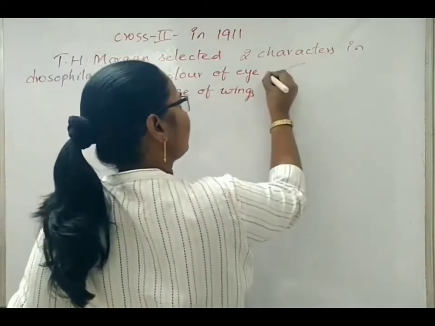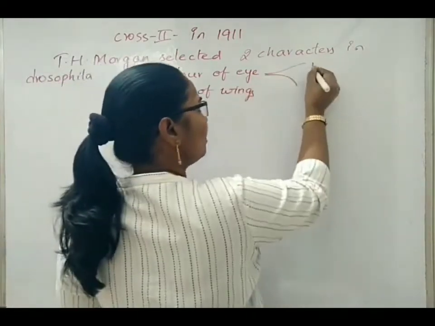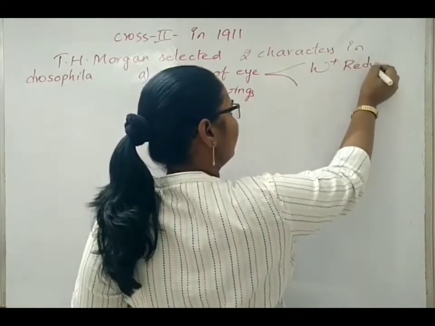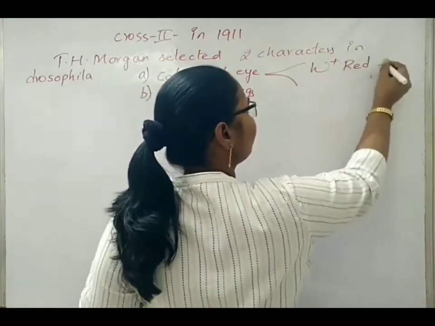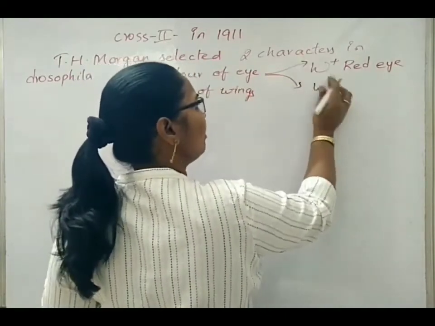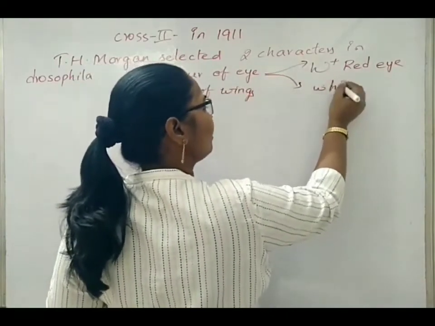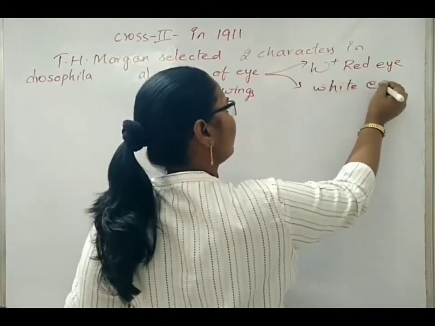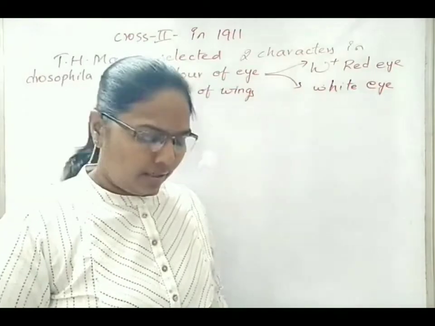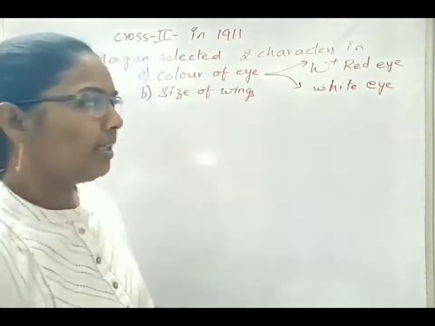So under this color of eye, we know that the dominant feature is expressing red eye, and the recessive feature is expressing white color eye. I told you red color of the eye is the natural color of the eye that exists in nature.